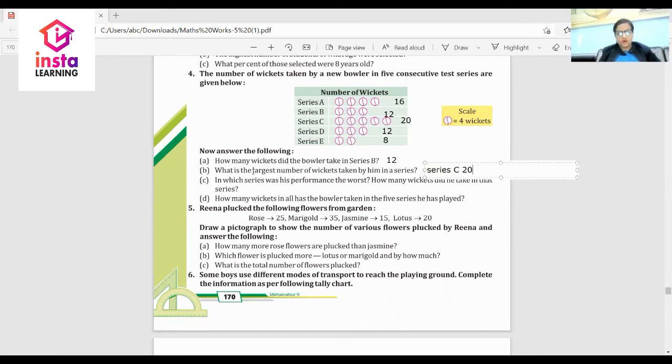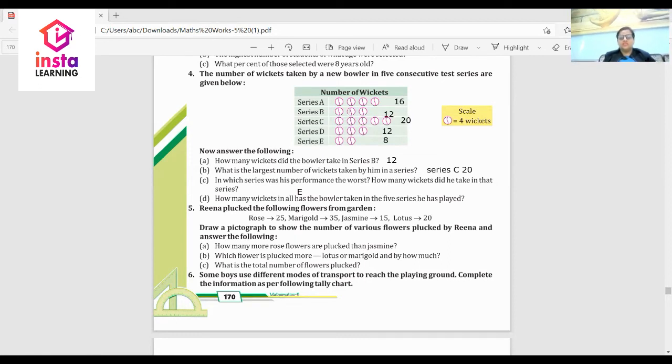In which series was his performance the worst? The worst means the least number, that is 8. That is E.